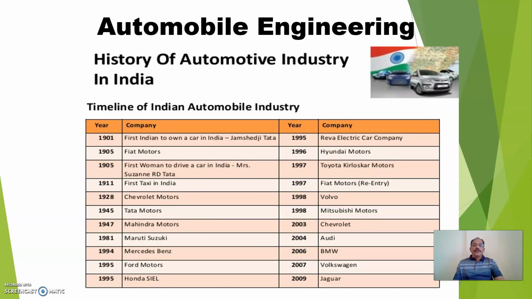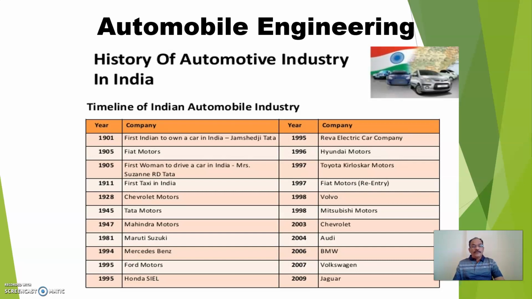If you take the history of the automobile industry in India, you'll find that in 1901, the first Indian to own a car in India was none other than Jamshedji Tata. In 1905, Fiat Motors entered the Indian market.